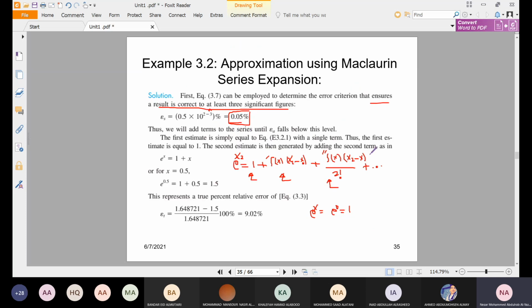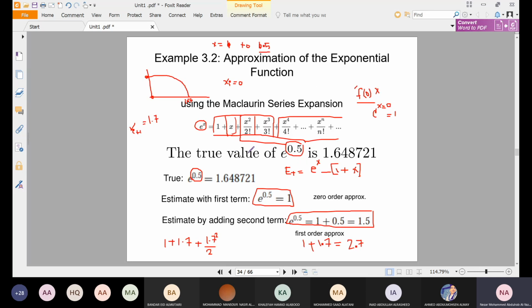Also, if we take the derivative here, this should be squared. Subtracting here, x2 minus x1, x1 is 0, so I have only x2, and x2 in our equation is 0.5. So this is the Maclaurin series.